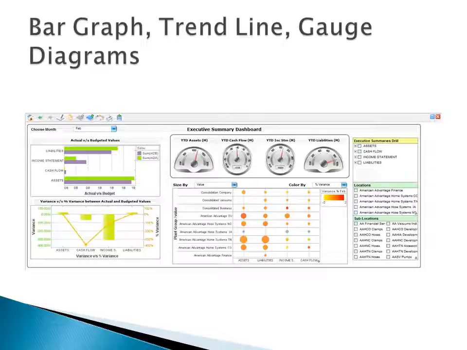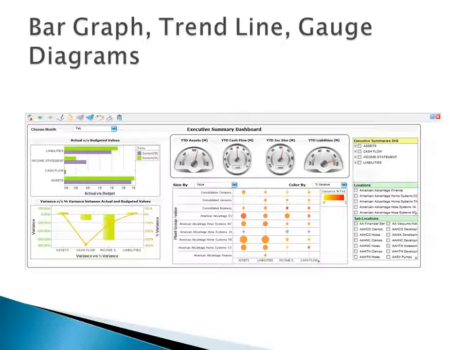So that trend line that they have going across the bar kind of shows where they had a dip in cash flow and then how it came back up. So again, depending on what you're looking at, that can be very significant to see those trend lines. Over to the right, you see some gauges, and they've got it listed right under the executive summary dashboard.